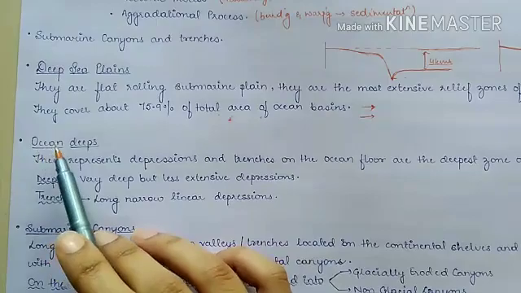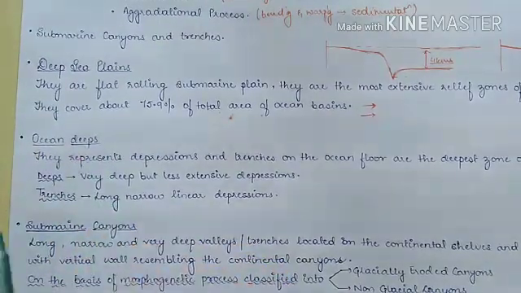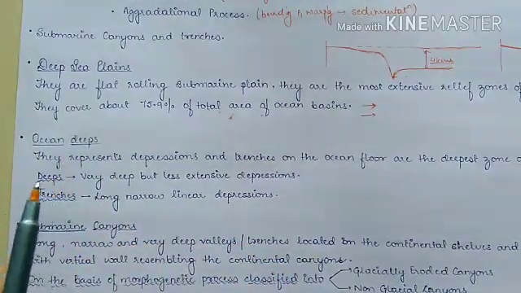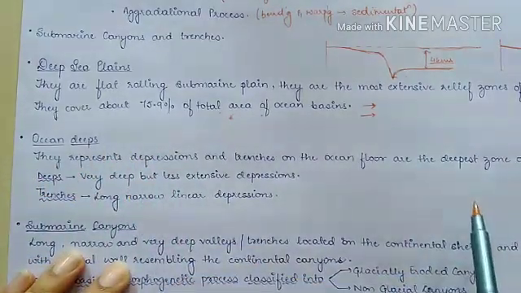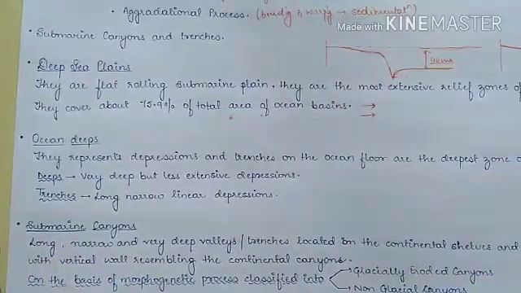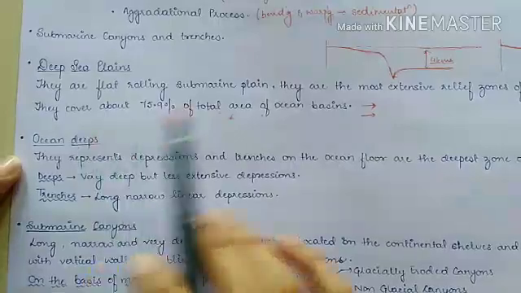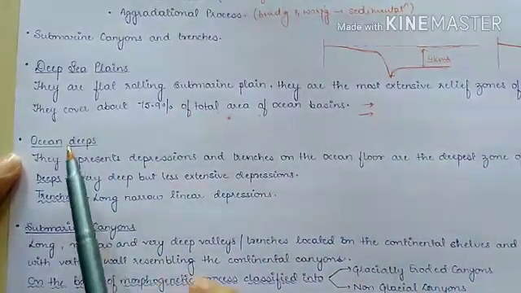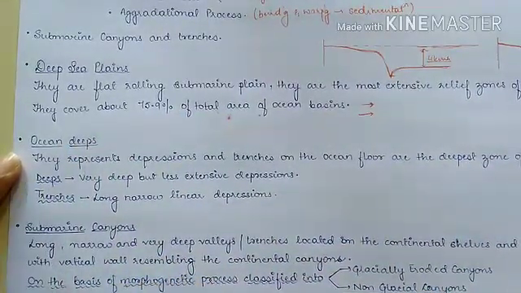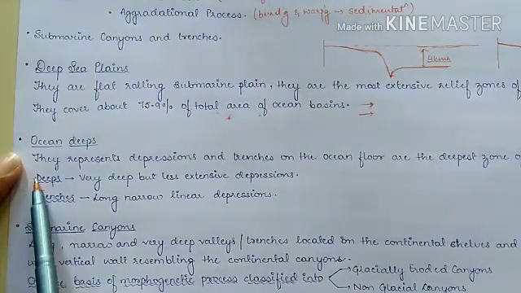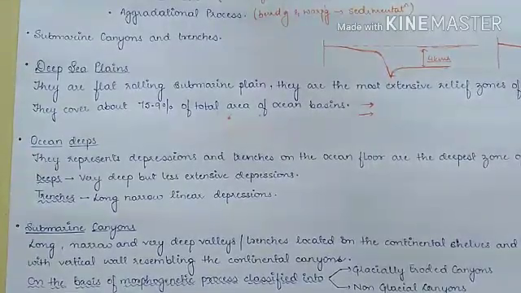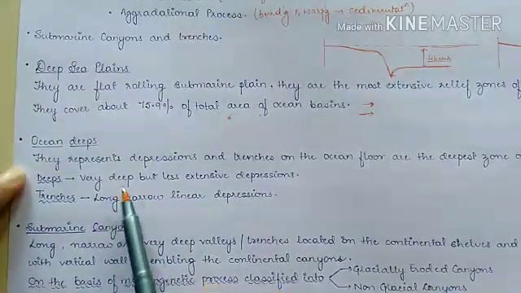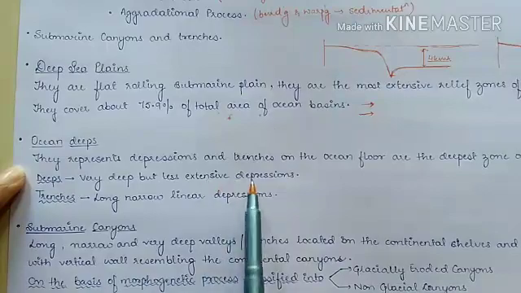Now these ocean deeps are generally located parallel to the coast, facing mountains, and along the islands. Ocean deeps are in two forms. First is deeps, and another one is trenches. Deeps are very deep but less extensive depressions.